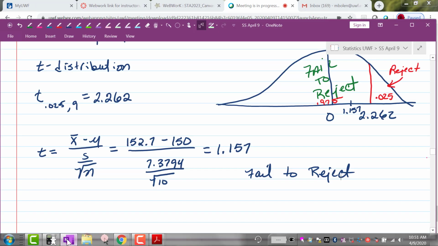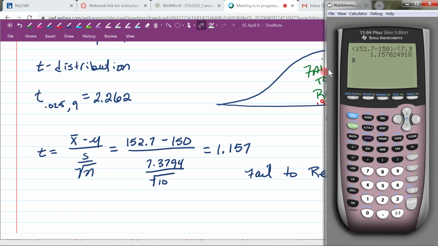Okay, so here we go. So here's our information. I'm going to clear this out. We have in here our list. Here's our raw data. I'm going to come over here to stat, and I'm going to hit test. And I'm going to be doing a t-test, okay?